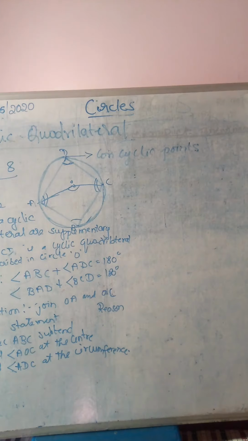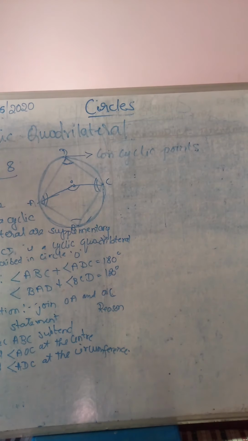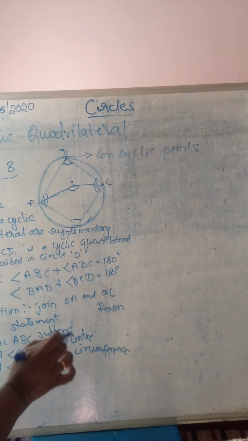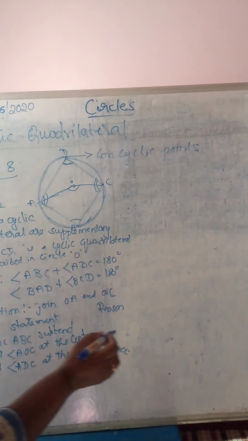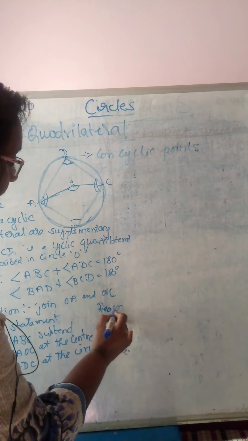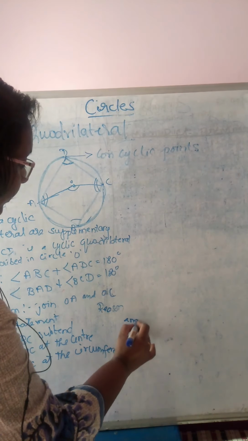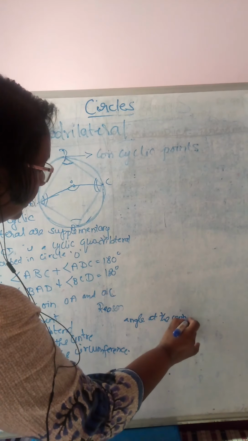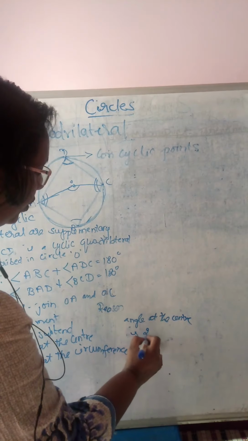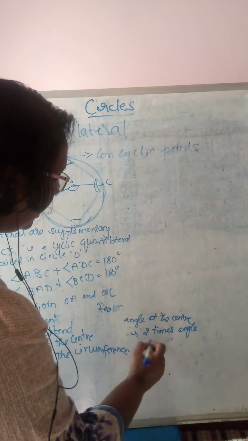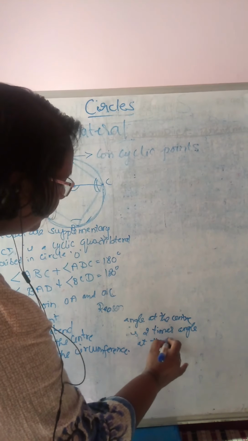Now, when this happens, what happens? We have to give the reason. The angle at the center is 2 times the angle at the circumference.